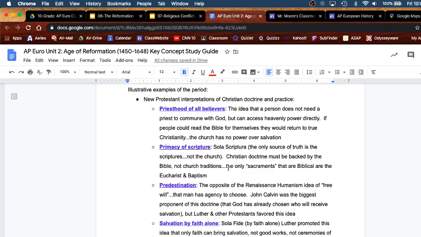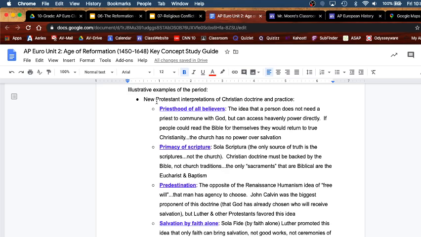The Catholic Church is also doing a lot of nepotism, that is giving positions in the church to family members. And absenteeism, where somebody, a Catholic leader, is in charge of an area where they don't live and don't have any connection to. And so the local people don't feel like they're being represented and their needs aren't being met. So there's a lot of ideas, like simony, where church offices were being sold, but there's a lot of corruption.